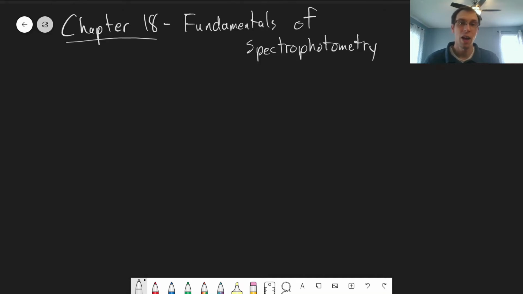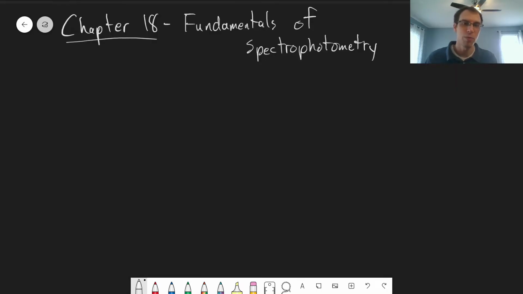We've done this work in the lab, but now we're going to look more at the fundamental ideas behind it. In particular, Chapter 18 lays the foundation for the ideas behind spectrophotometry, looking at the properties of light and a brief introduction to how spectrophotometers work. Then we're going to skip Chapter 19, which is some specific applications. We may get to a little bit of it in class.